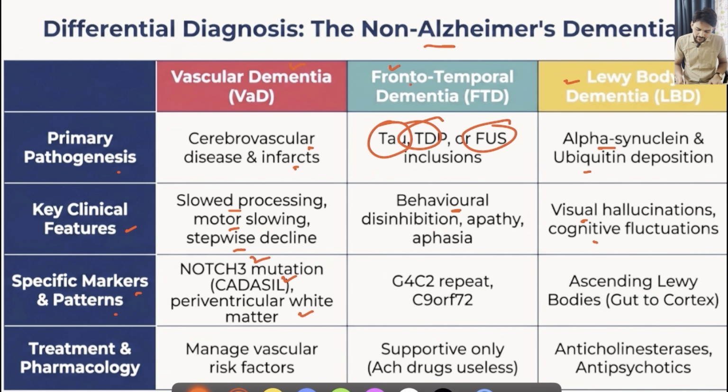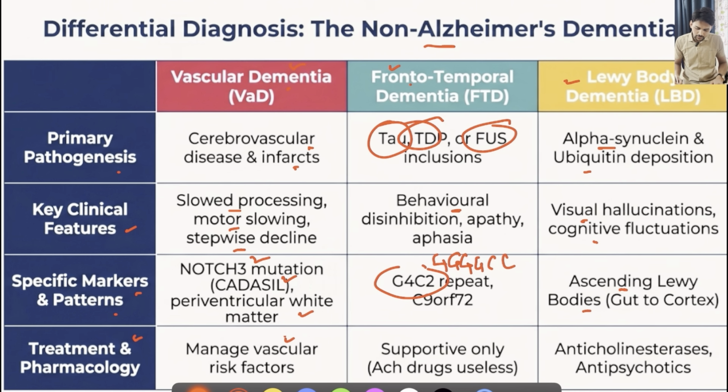Whereas for frontotemporal dementia, this hexanucleotide repeat, that is GGGGCC repeat, can be utilized as a marker. Whereas in Lewy body dementia, we will be able to see this ascending Lewy body deposits from myenteric plexus till the cortex.